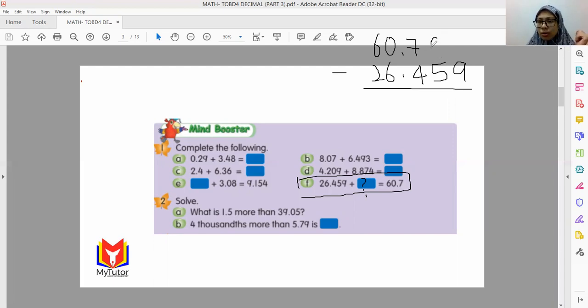You're going to put 0 here to help you out, because 60.7 is the same as 60.700.